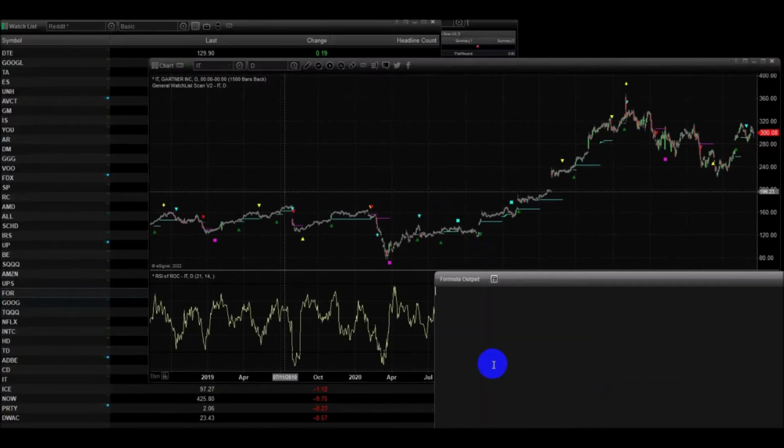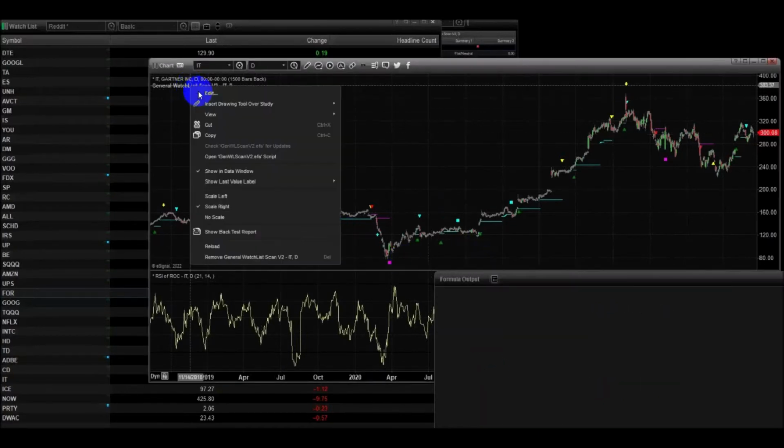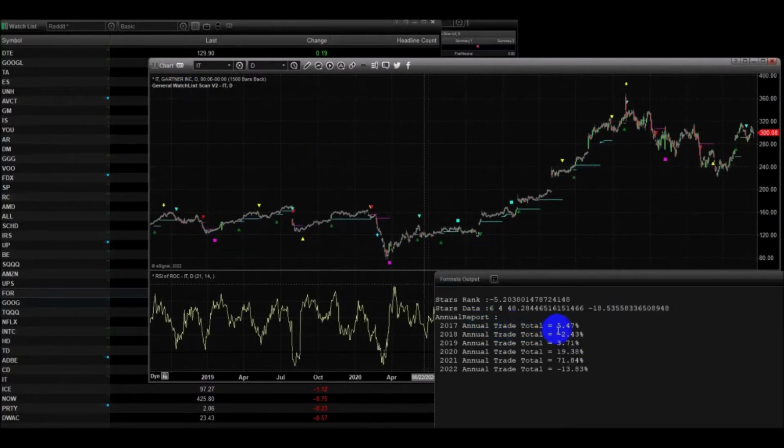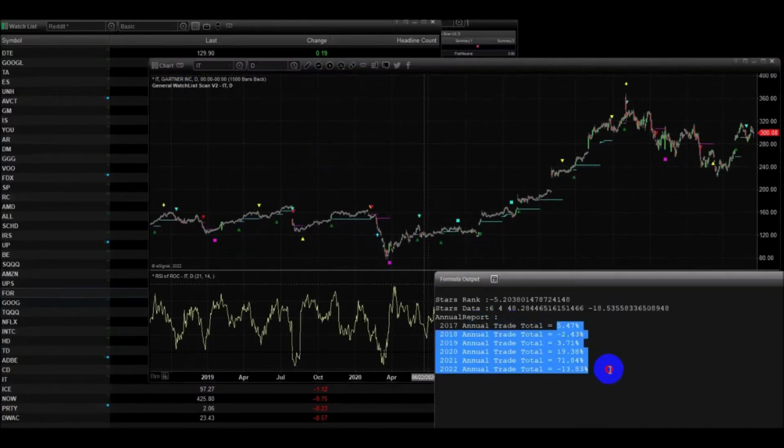Okay, IT has got, and this is a good example, IT has historically performed quite well. You see this? 5%, minus 2, plus 3.7, plus 19.38, plus 71.84, and currently this year, minus 13.83. What's happening is we are getting quite a bit of rotation in this scenario.